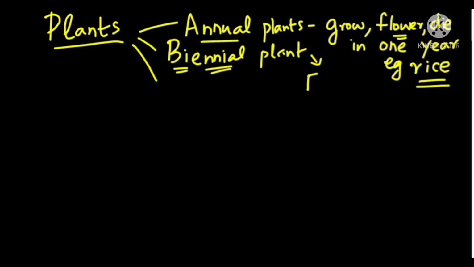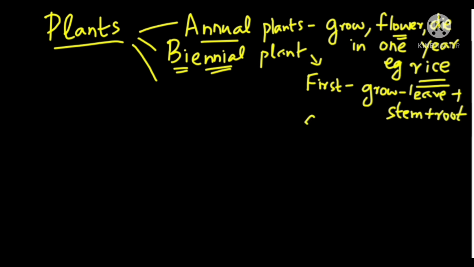In the first season, that means the first year, the plant will grow. Leaf, stem, root, all the vegetative parts will grow. The second year they will produce flowers and reproduce. And after flowering and fruiting, they will die.